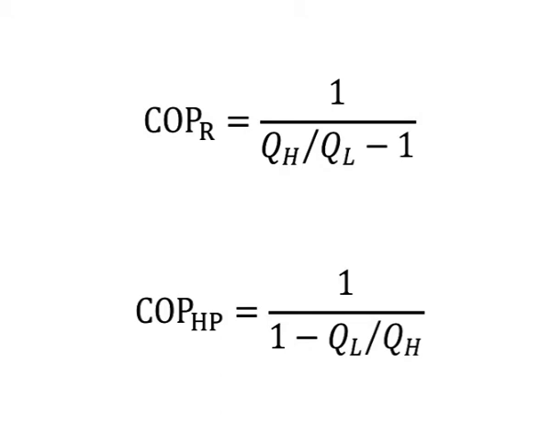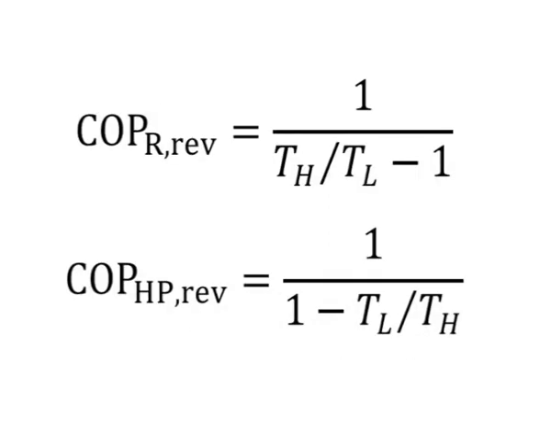Then the coefficient of performance relations for reversible refrigerators and heat pumps become COP_R reversible is equal to 1 upon TH divided by TL minus 1, and COP_HP reversible is equal to 1 upon 1 minus TL divided by TH.